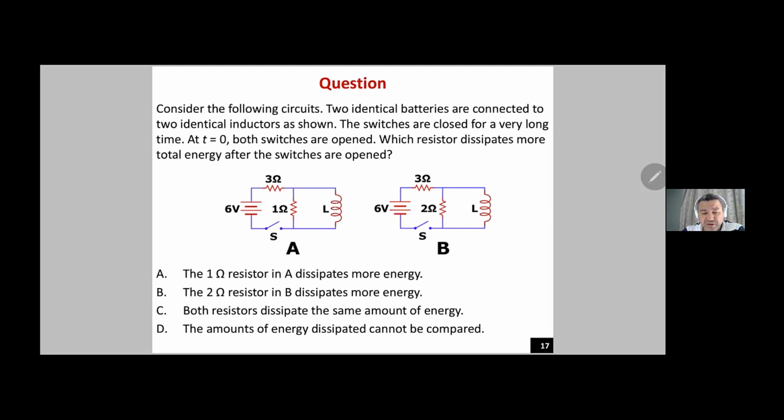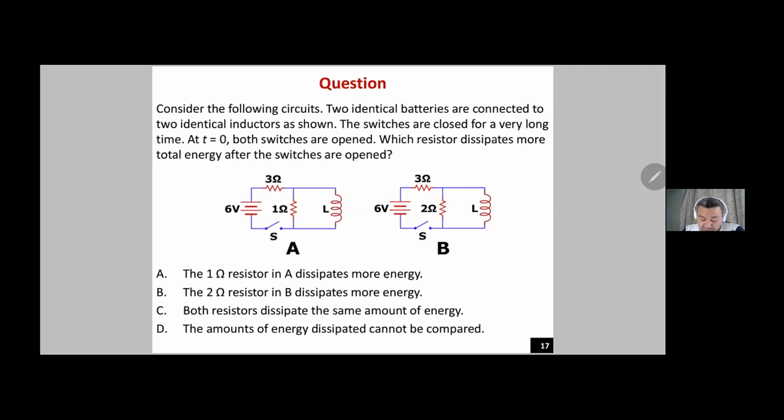We have two identical inductors and two identical sources. As you can see, the inductor in circuit A is connected in parallel with a 1 ohm resistor. The inductor in circuit B is connected in parallel with a 2 ohm resistor.